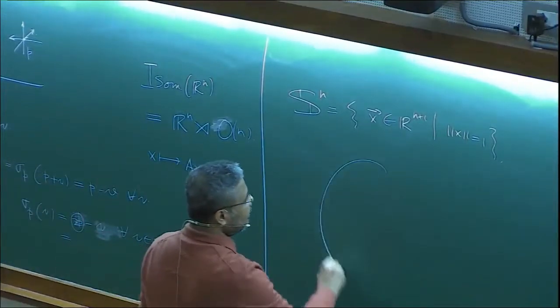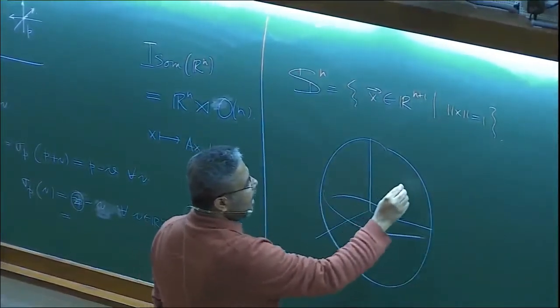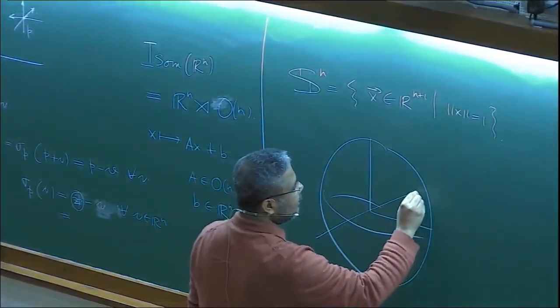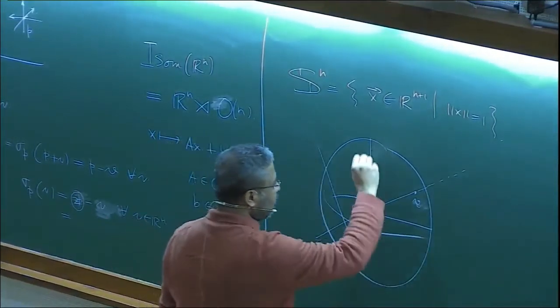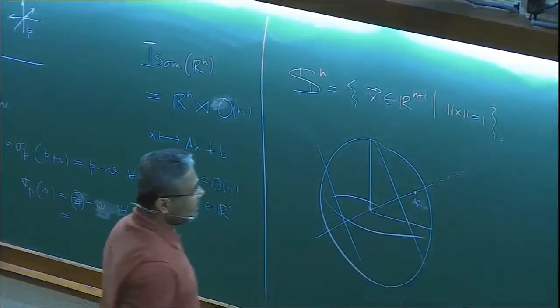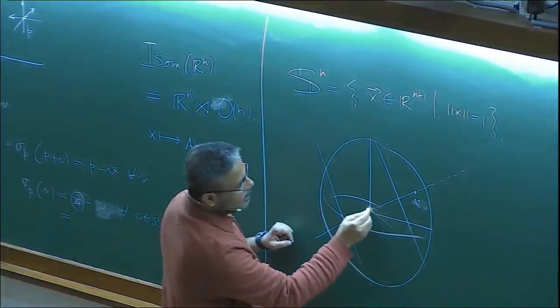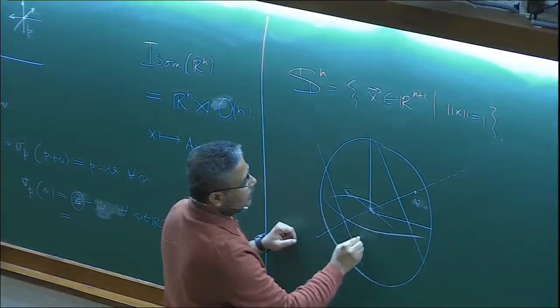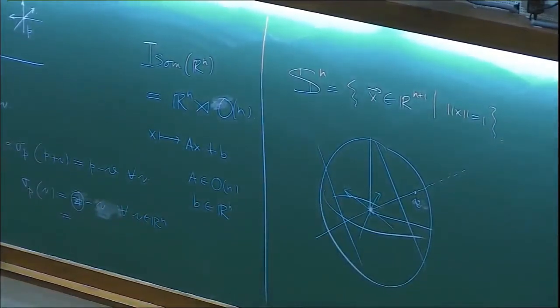For Sn, what I do is I take a vector V in the sphere, and I take the plane orthogonal to this, and I take the reflection which fixes V, and it sends V to its negative in the orthogonal plane perpendicular to V. So that's a reflection, and if you restrict that reflection to Sn, you get an isometry, and that isometry is going to do the job.